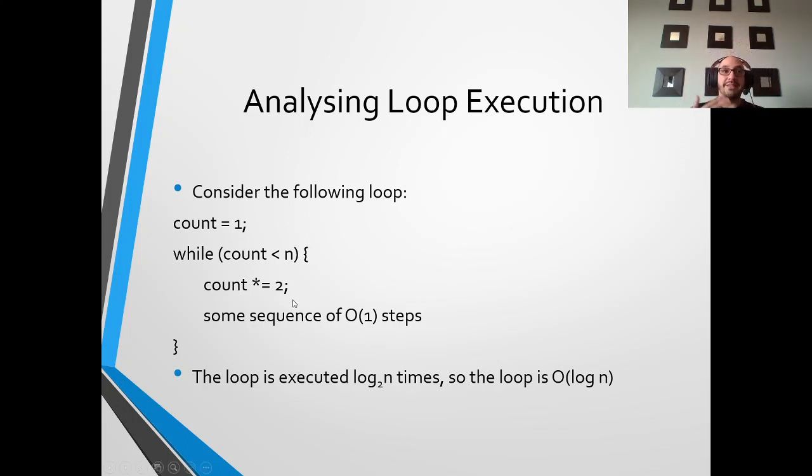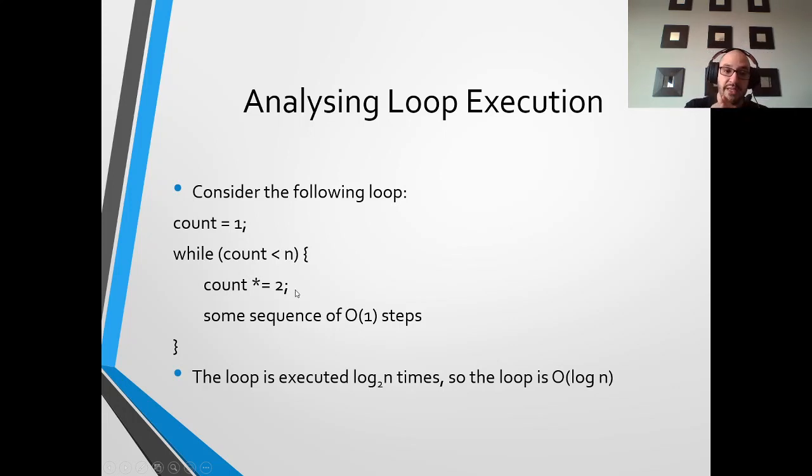Well, that's where things are going to be interesting, because it really doesn't happen n times, because count is increasing faster than in a linear way. So count is multiplying by 2 every time. When count starts at 1, in the first iteration count becomes 2. But in the third iteration, count becomes 4, and in the next one becomes 8, and in the next one becomes 16.